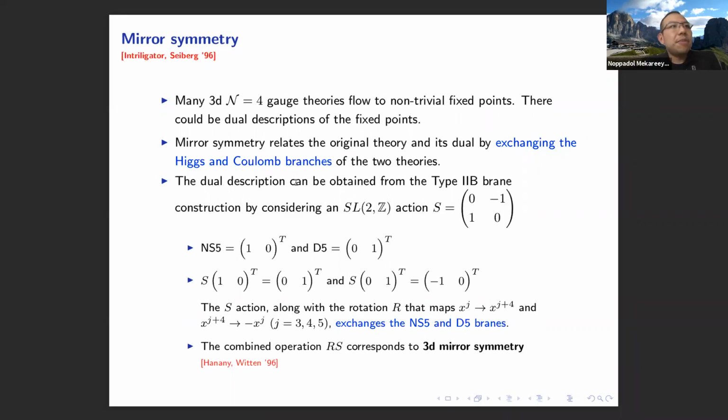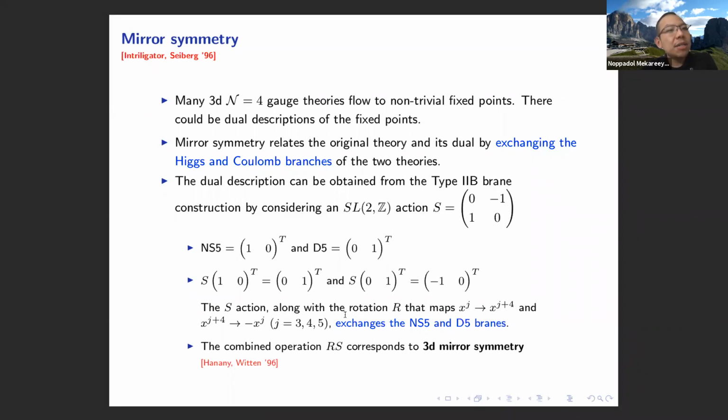And the dual description can be obtained from the type IIB brane construction by considering an SL(2,Z) action, specifically S. Okay, so with this action, you can see that if you take a basis of NS5 to be (1,0) and D5 to be (0,1), when you multiply S with (1,0), you get (0,1), and for D5, you multiply S by this and you get (-1,0).